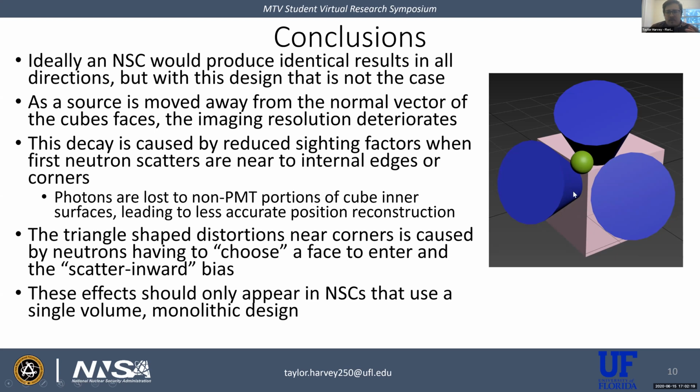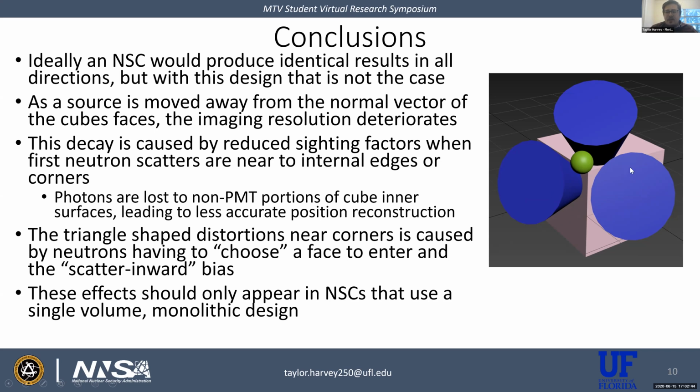So generally, for example, you saw that the azimuthal resolution doesn't change as you move the source around the azimuthal axis of the detector. That's because you don't actually lose much light in any of the 4 PMTs around that axis.